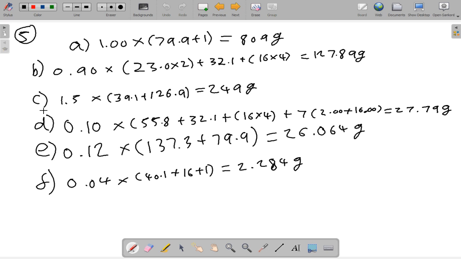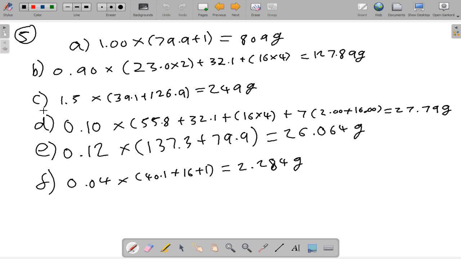1.5 times 39.1 plus 126.9. So 39.1 is potassium, and 126.9 is iodine.